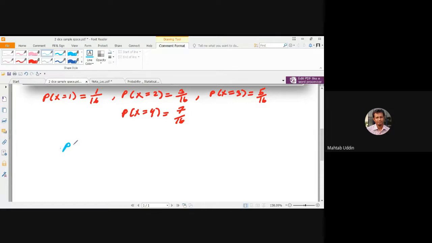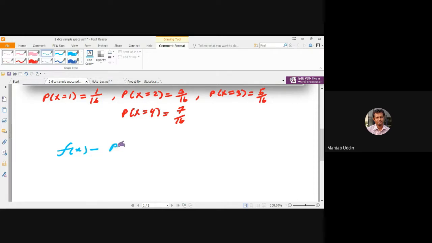P of x minus, say, you can write f of x now. Like f of x minus any of the probabilities.